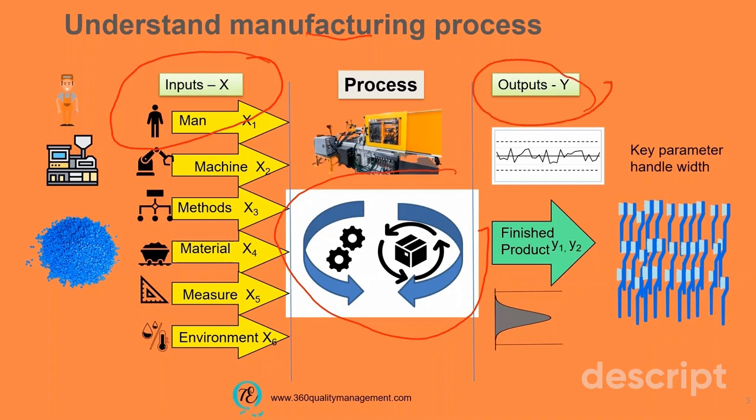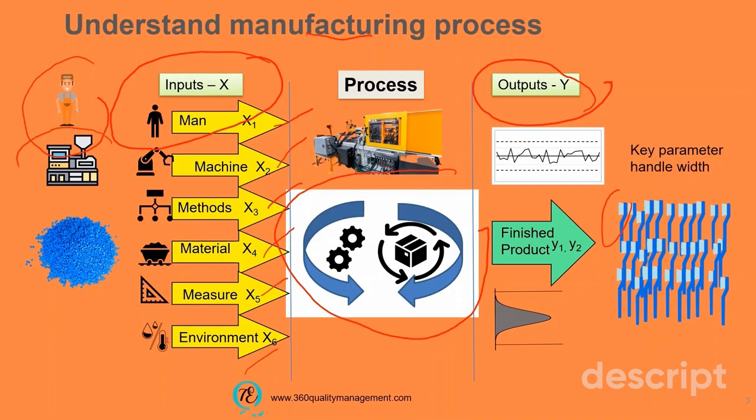Typical manufacturing process inputs are man, machine, methods, materials, measures, and environment. In this example of a toothbrush, the key process input will be the man that works in a company, or the operators that make the product.